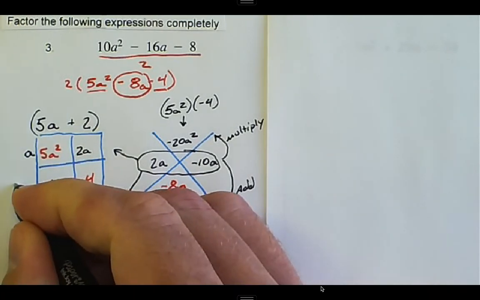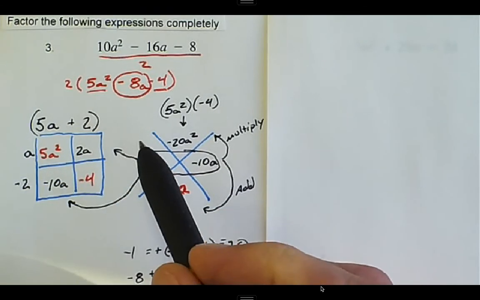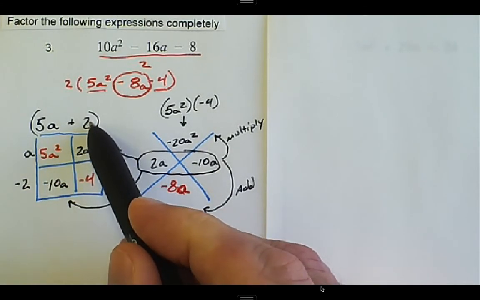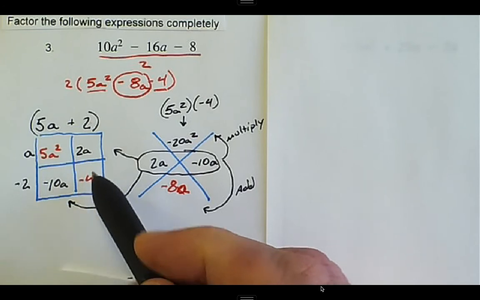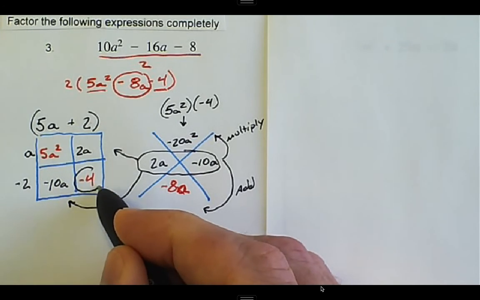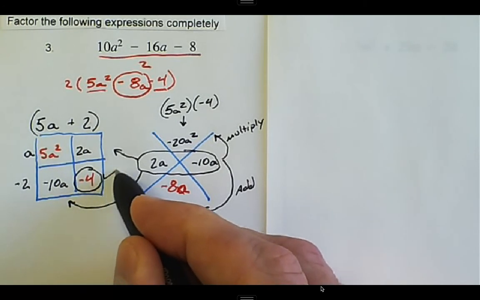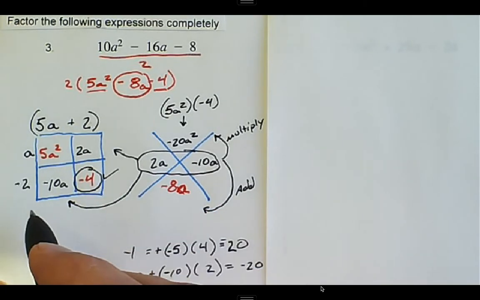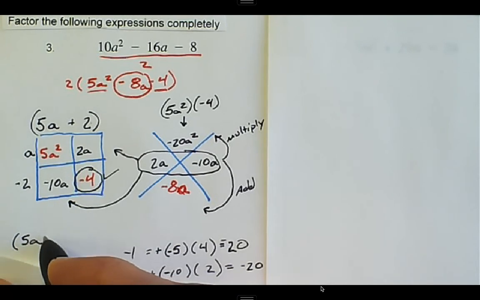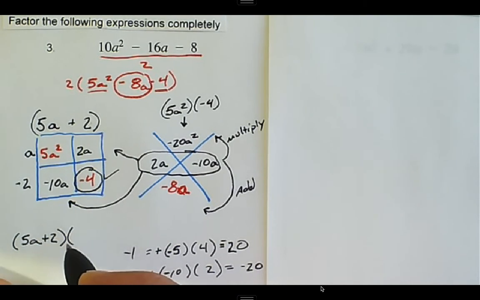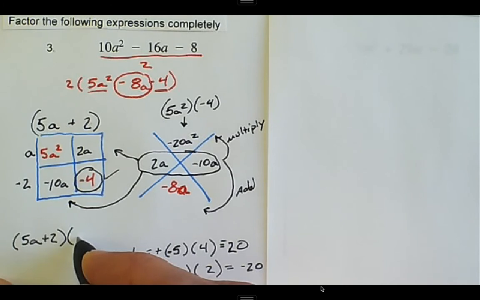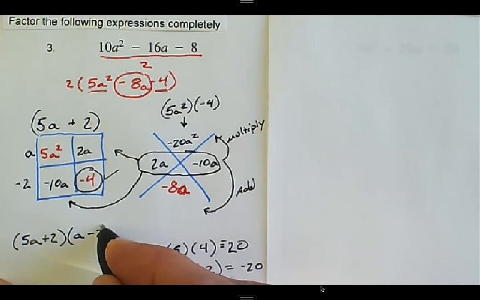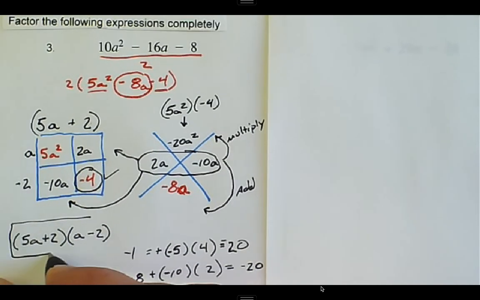And that is negative 2. And then as a last check, we have a 2 and a negative 2. Those multiply together, and those do give us negative 4. So that's a check that works for us. And now we can have our factored form in this case, which is going to be 5a plus 2, times a minus 2. And that is the factored form for this one.